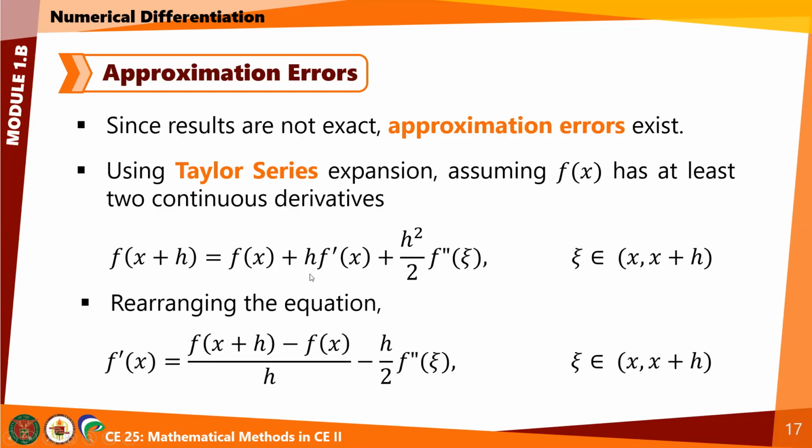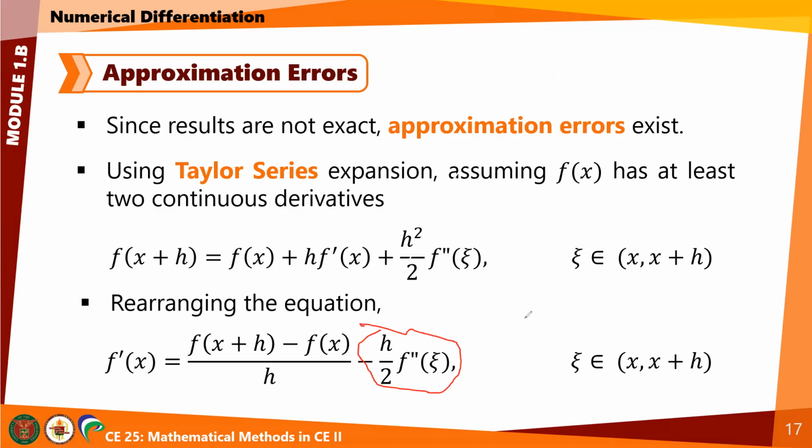Now, rearranging this equation and solving for f prime of x, we get this. And this is what we call, let me just encircle, this is what we call the truncation error.